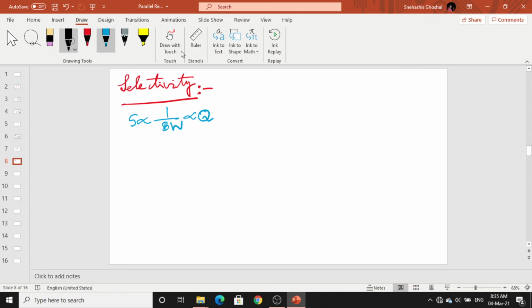The concept is similar. You have to go for the bandwidth. See, the bandwidth here is wide compared to this circuit, where the bandwidth is low, so selectivity is more. This circuit is the most selective. Clear? So the concept is similar, just like the series circuit. So that is the case.